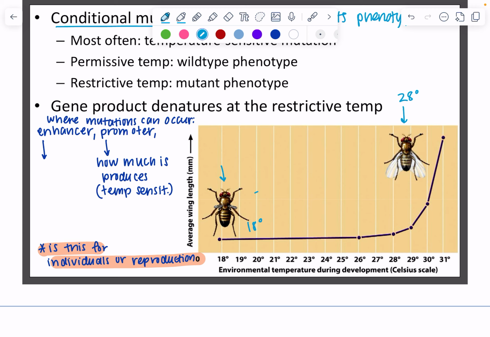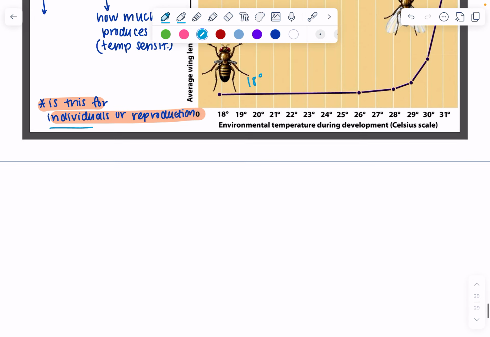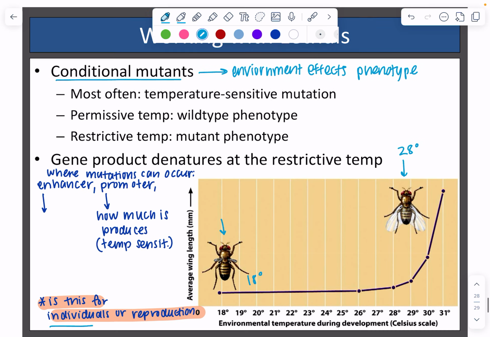It didn't change its phenotype. It just changed how much of that enzyme or product from the gene is being exhibited. So this is for individuals. This individual can change its phenotype from temperature to temperature. We see it in Siamese cats.